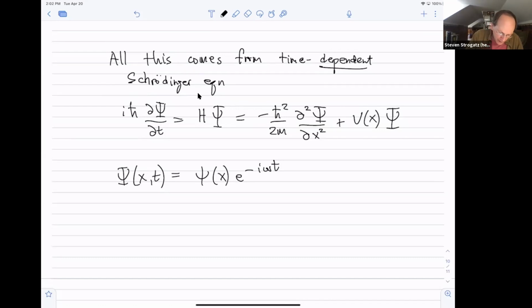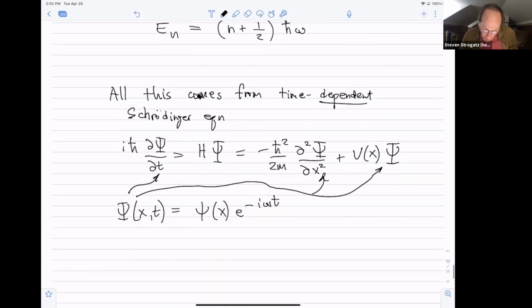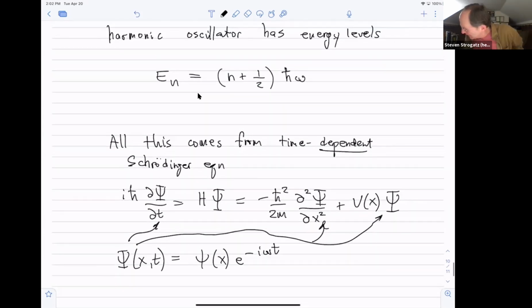If you plug in this form for psi in here and in here, the time-dependent part goes away, and you just get the time-independent Schrodinger equation that we wrote earlier. But anyway, that's where the omega is coming from. So this is how our stuff connects a little bit to standard quantum theory.